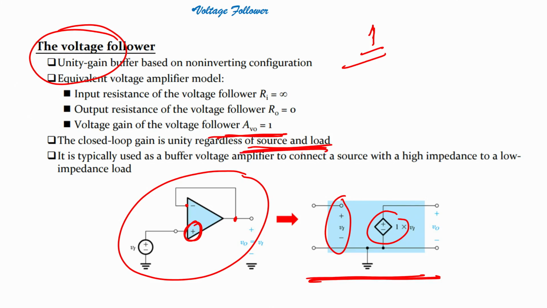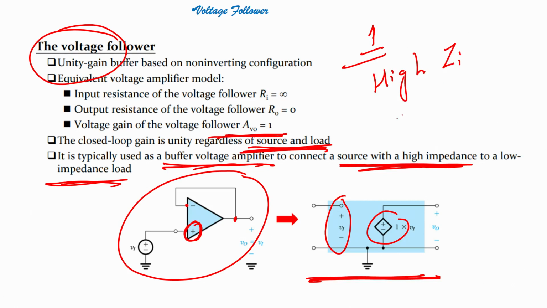So, this is our unity gain amplifier. It is also used as a buffer voltage amplifier to connect a source with high impedance to a low impedance load, right. Why? Because the unity gain amplifier has a high input impedance, and it has a low output impedance.